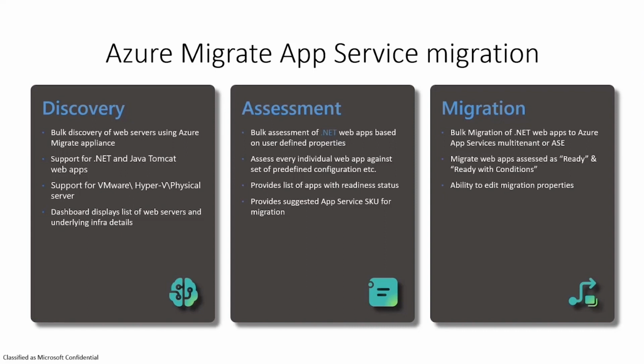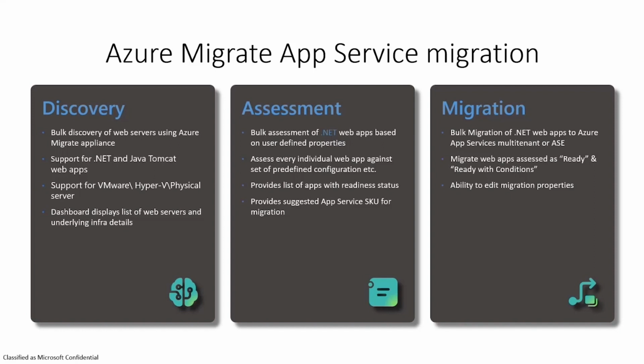When it comes to assessment, currently we have support for .NET web applications. As we speak, we are working on getting Java Tomcat support, even from an assessment perspective. You run assessments on individual web applications, and you get back a categorization: is it ready for migration?